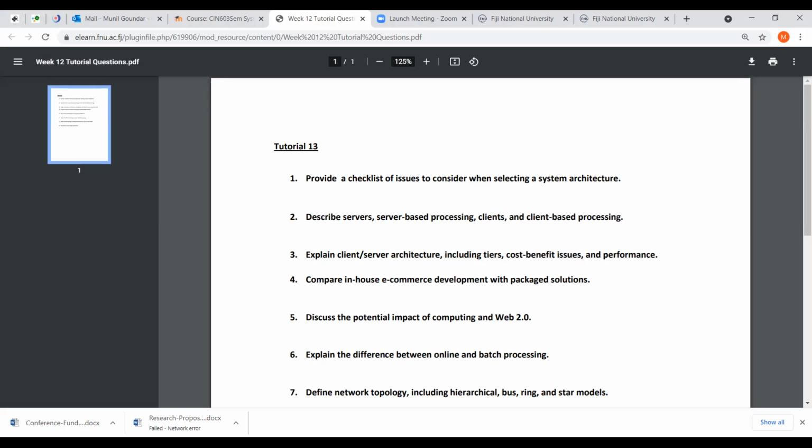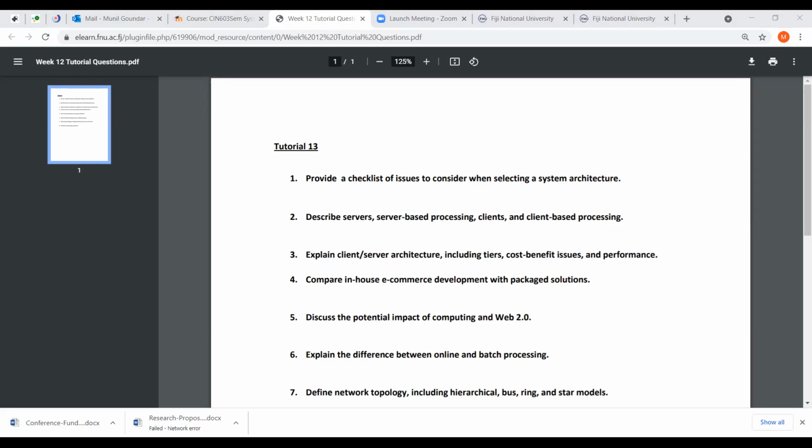So we'll quickly discuss this. Over here, we're supposed to provide a checklist. Let me read the question again: provide a checklist of issues to consider when selecting a system architecture.